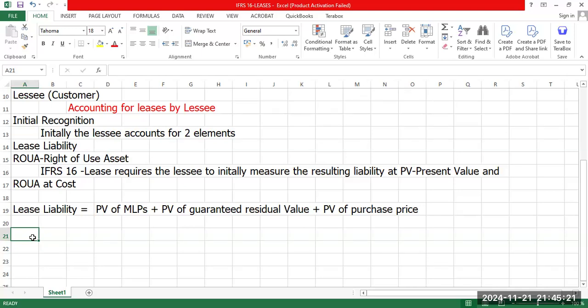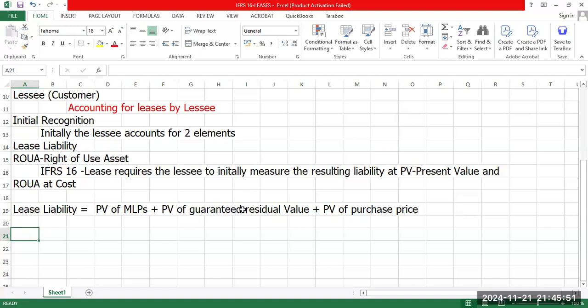So to recover what I invested, I will create this element in the contract, saying, okay, use my asset, be paying this minimum lease payment, but at the end also pay me a certain amount of money.